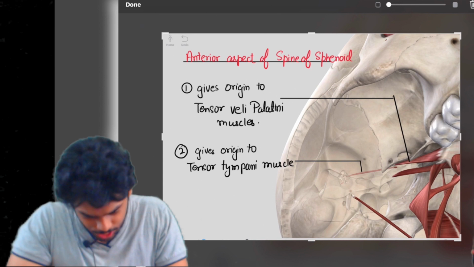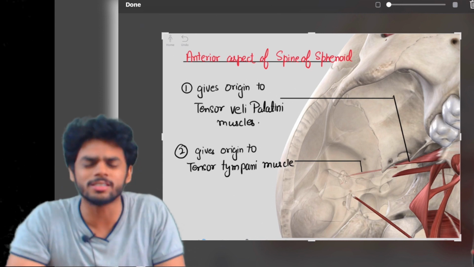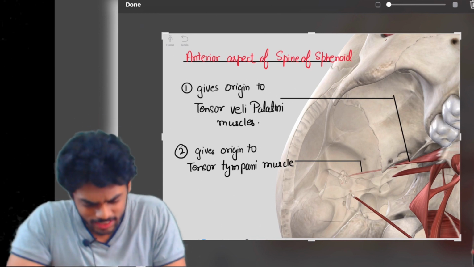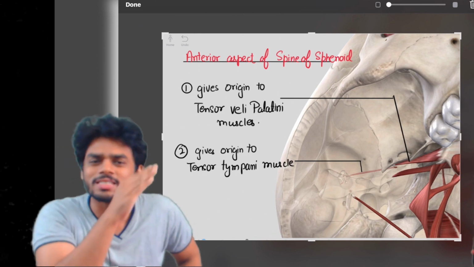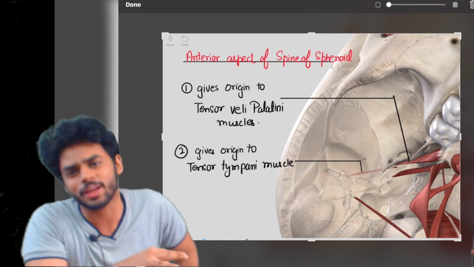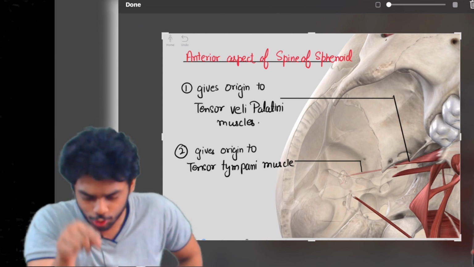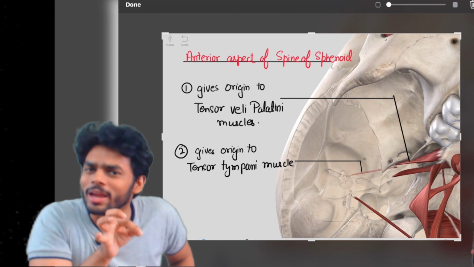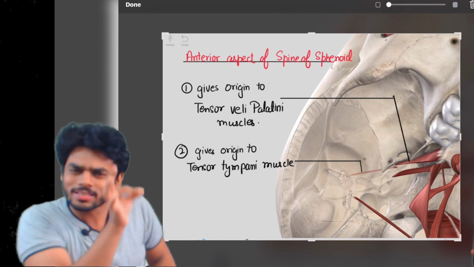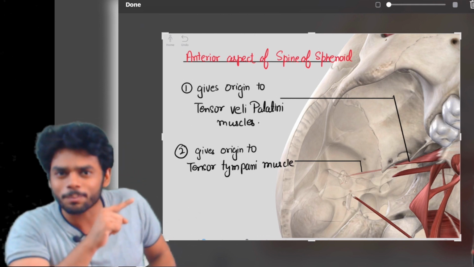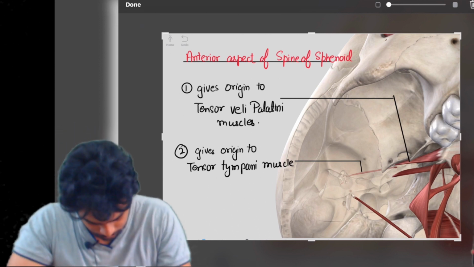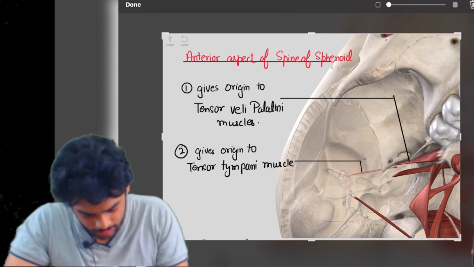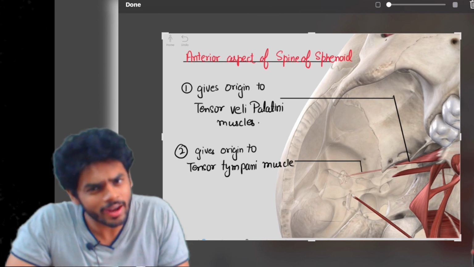The insertion, can you see it in light color? Why is it very light? It is present inside the bone, and I faded the temporal bone in order to show you the tensor tympani muscle. You can clearly see how it goes inside the ear. Where is the insertion? Again, malleus.